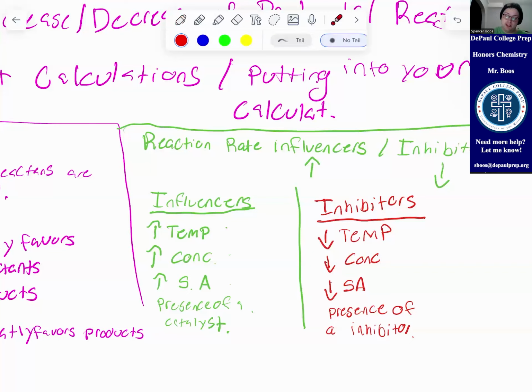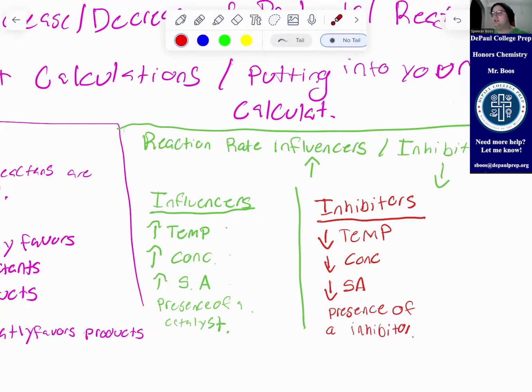A good way to remember it: they're all negative things. Negative temperature, negative concentration, negative surface area. Those all slow down the reaction. Influencers speed up the reaction, and they all go up. With inhibitors, they all go down because they slow down the reaction.